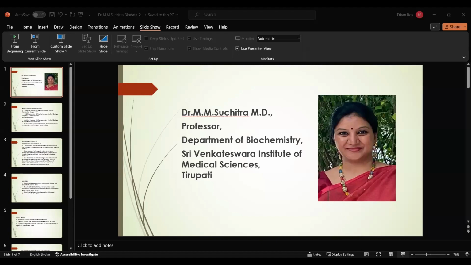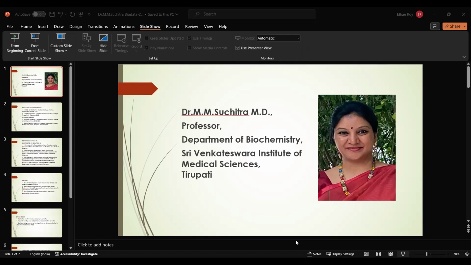So hepatobiliary markers, liver function test. What is the importance of liver function test in general practice? If a child is born, a newborn, what test are we ordering? Bilirubin, to assess the status of that infant and detect neonatal jaundice. So immediately after birth, we are doing the liver function test, bilirubin.